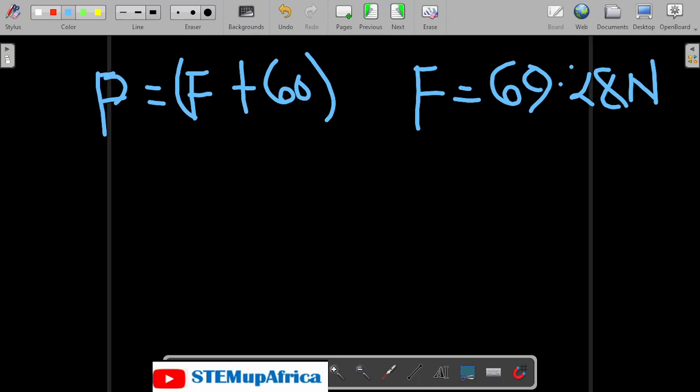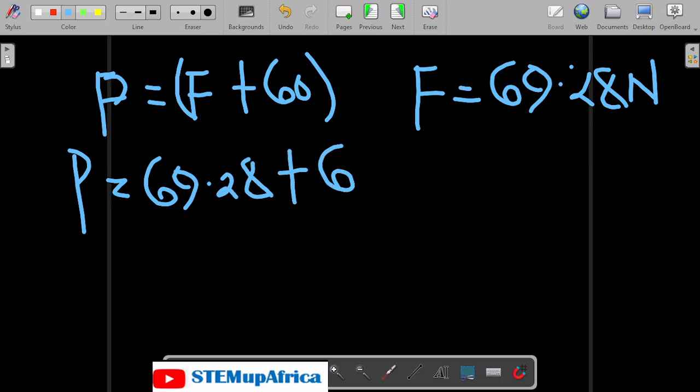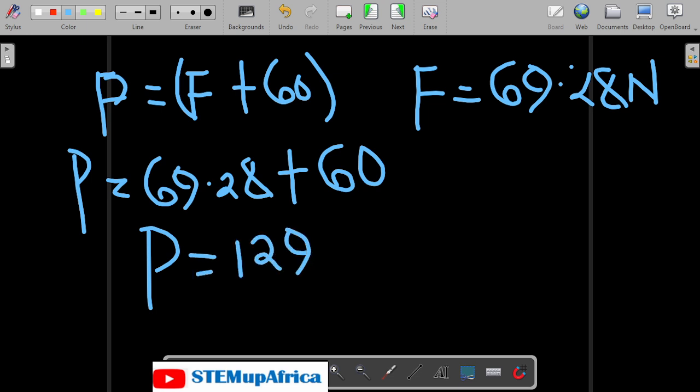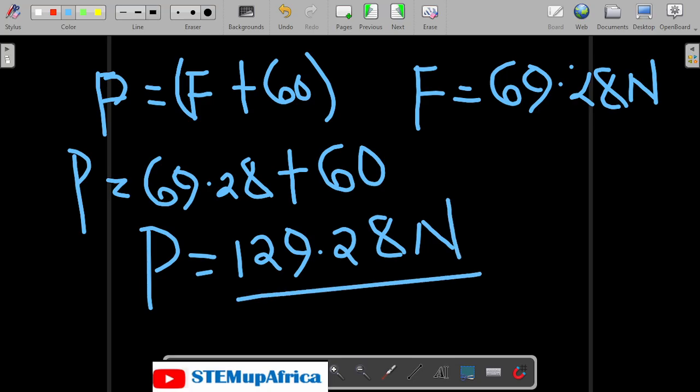So my P will just be 69.28 plus 60. So P is now 129.28 Newton. That's the second case, and this is the answer for it.